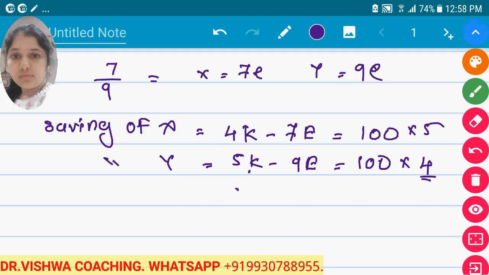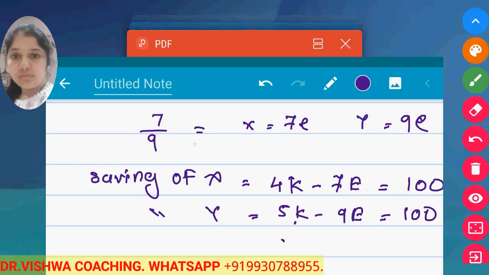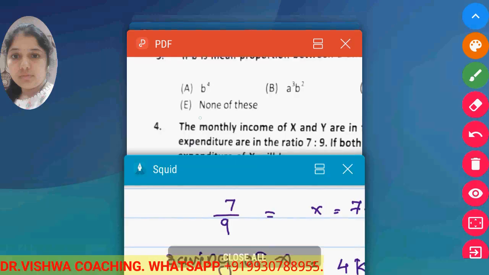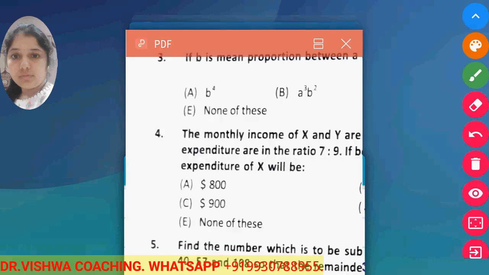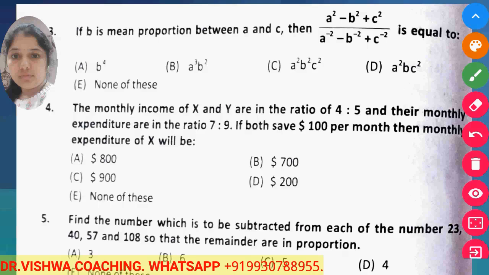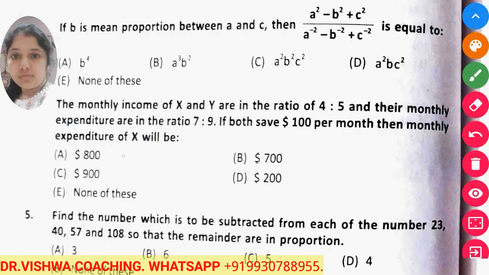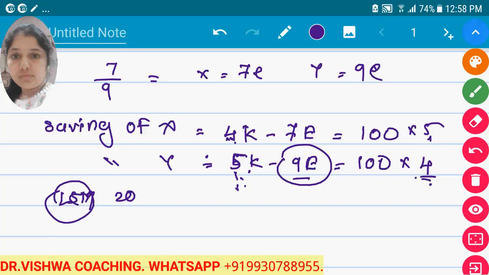Okay, so expenditure they had asked, sorry. So we have to keep the e and we have to delete the k. So 5k and 4k, the common of both the number is 20, which is called as LCM. Okay, so to become this 4k 20, we have to multiply here with 5, and to become this 5k as 20, we have to multiply here with 4. So multiply and new equation are formed.